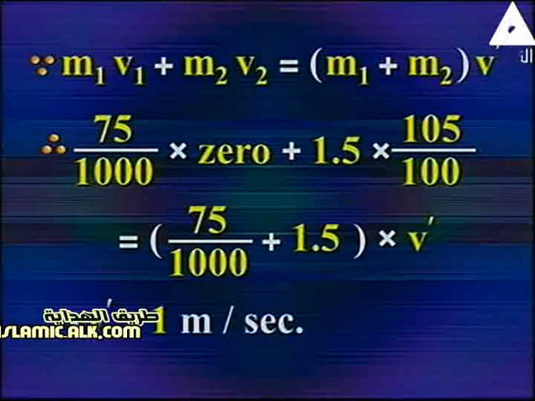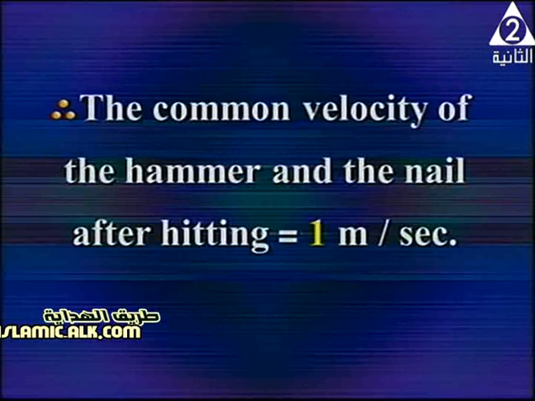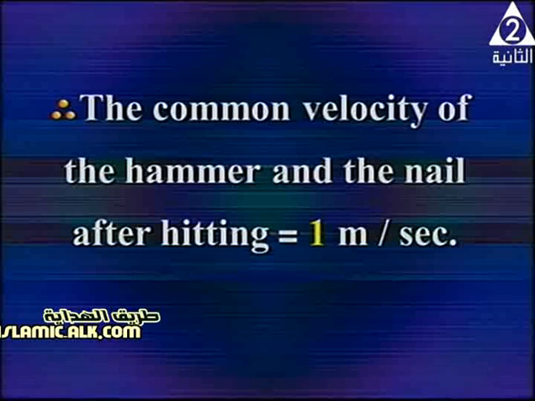It is 1 meter per second. The common velocity of the hammer and the nail after hitting becomes 1 meter per second. Dear student, V dash is the common velocity of the hammer and nail after hitting.